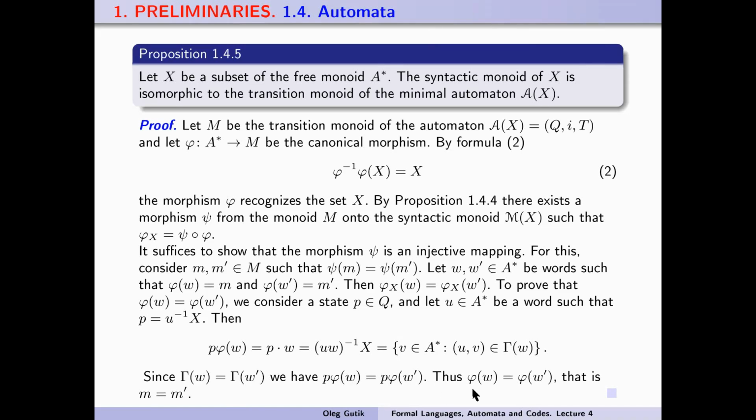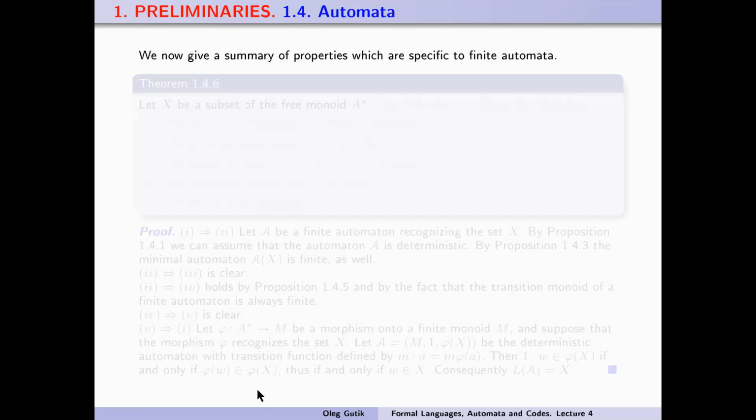Therefore, we get that φ(w) is equal to φ(w'), and hence we get that m is equal to m'. This completes the proof of proposition 1.4.5.